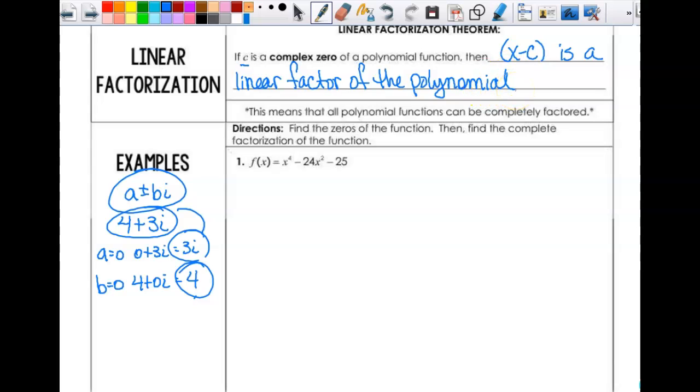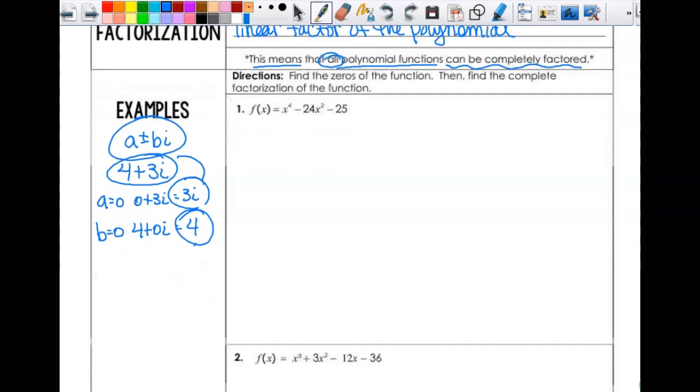On the front, we factored some, but then we stopped because we couldn't factor anymore. Now we're going to get everything completely factored. So this means that all polynomial functions can be completely factored. We're going to find the zeros, just like we did on the front, then completely factor it. So we're just adding that little piece on there.